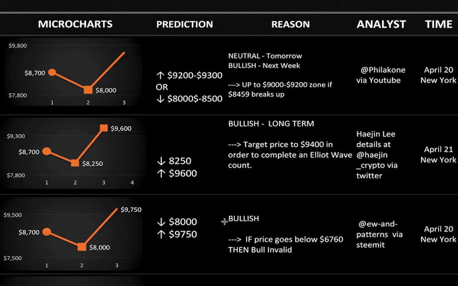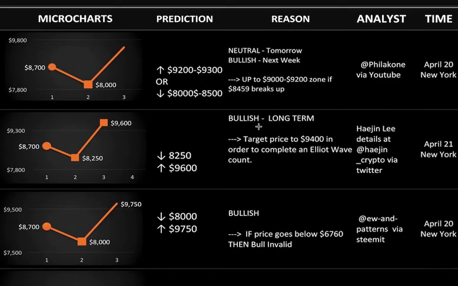These analysts are all Elliott wave technicians. Let's go into some details here. There's not many conditions. It's just Elliott waves where they see us finishing at around 9600, 9750. I think Filicone put a number a few days ago in, which is about 9400.